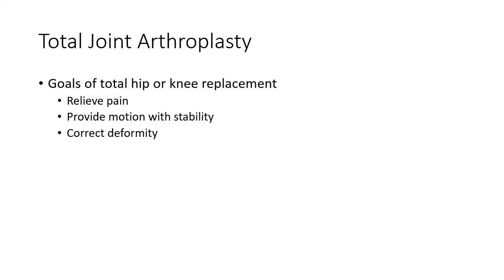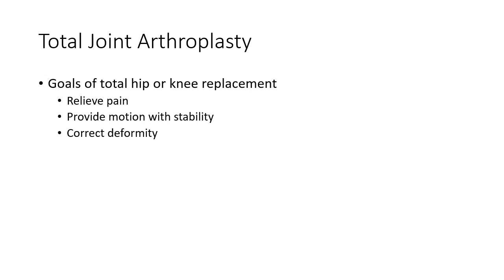Now we are going to look at orthopedic surgeries. The most common orthopedic surgery is the total joint arthroplasty. The arthroplasty can usually be done on the hip as well as on the knee.